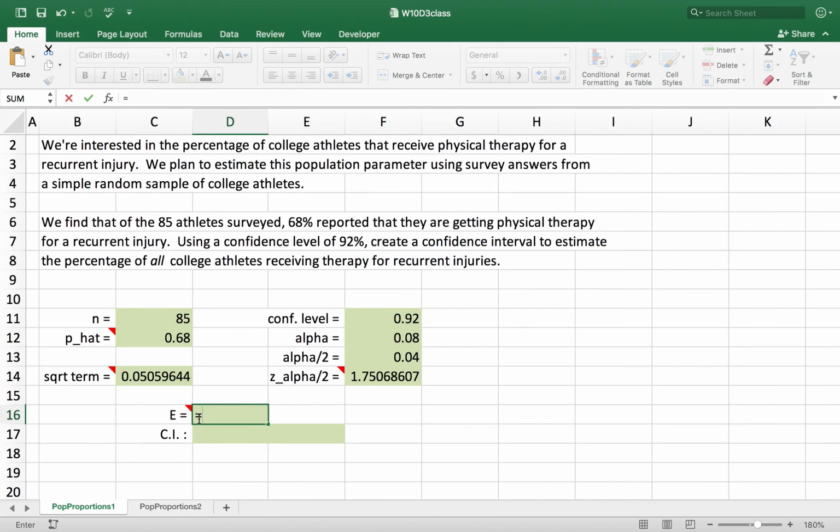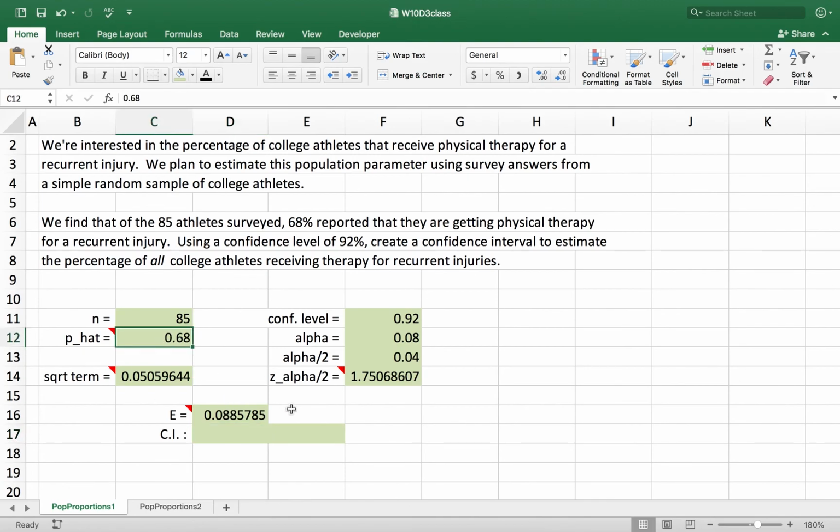So we'll do equals our critical value times the square root term. This is, again, sometimes called the standard error for our sampling distribution for p hat. And we get an E value of 0.088. So this is telling us that the margin of error that we're going to use to widen away from our sample estimate is about 9%.